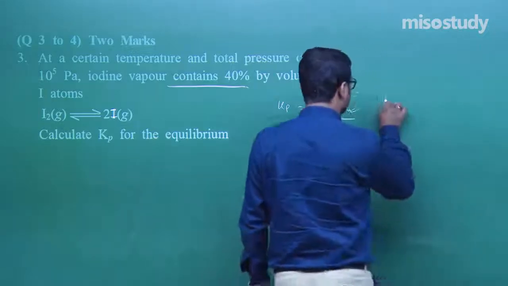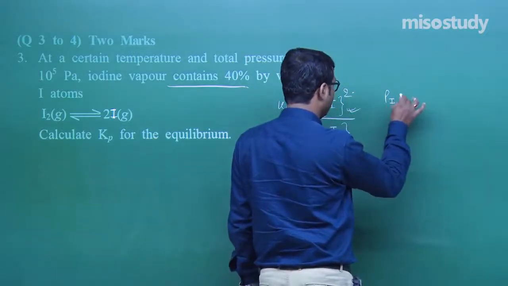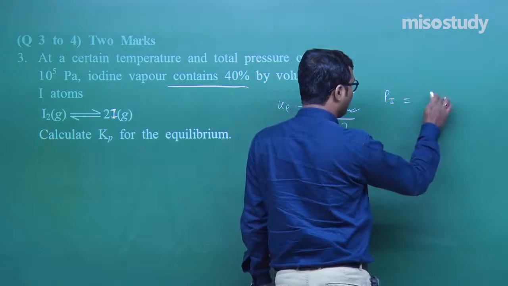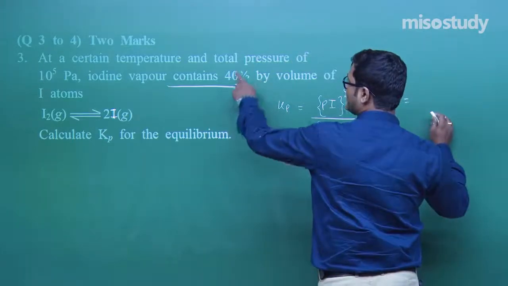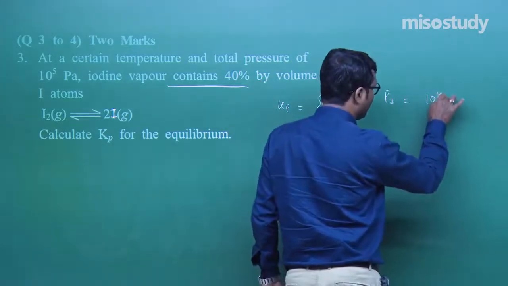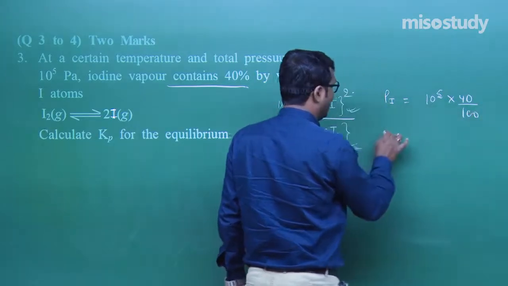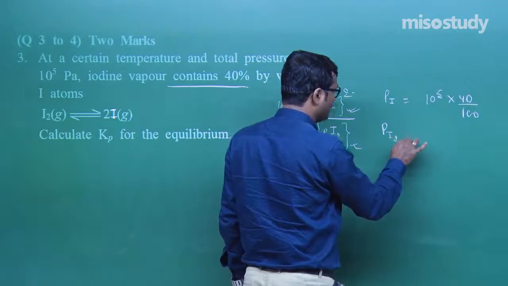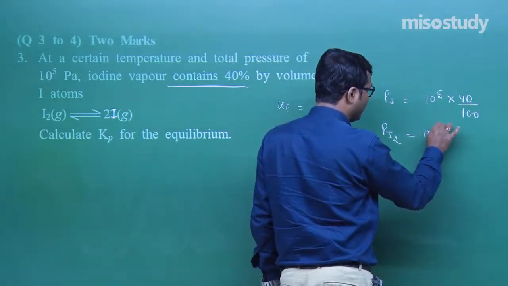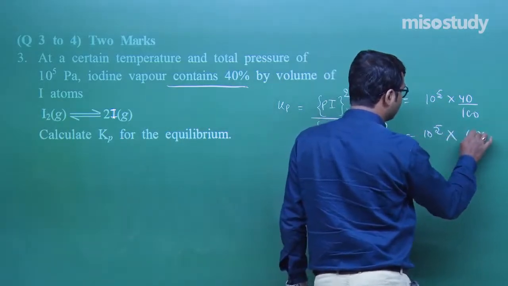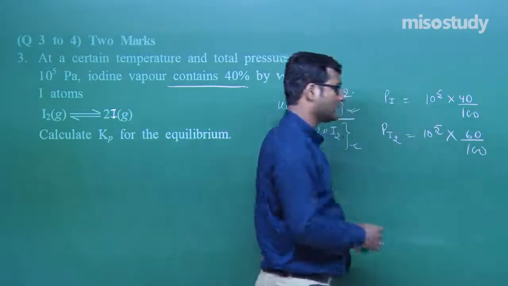So the partial pressure of I will be 10^5 multiplied by 40 upon 100, and the partial pressure of I2 will be 10^5 multiplied by 60 upon 100.